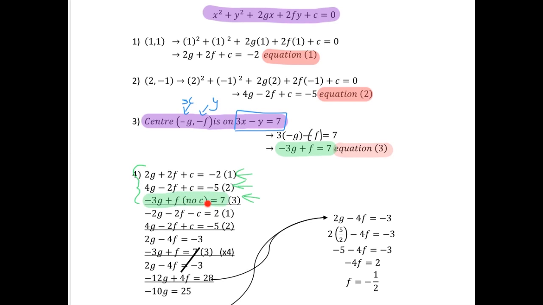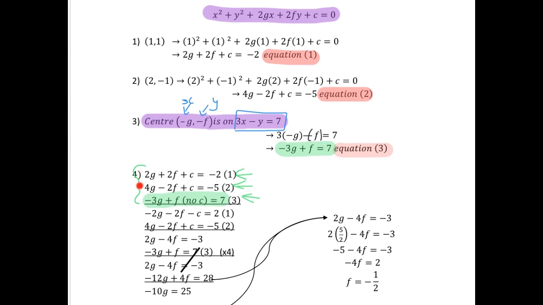That actually makes our job a little bit easier, because if we can get rid of the c in these 2 equations up here, then we can combine that equation with our third equation, and we can solve then for g and f.